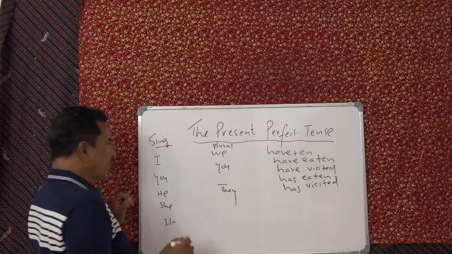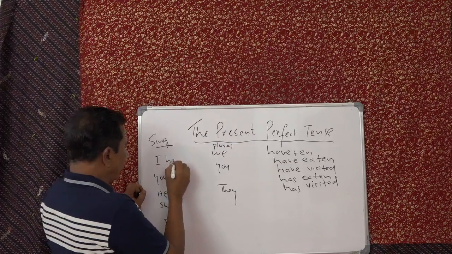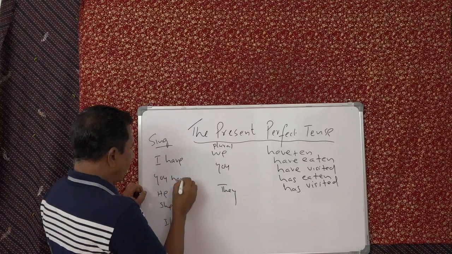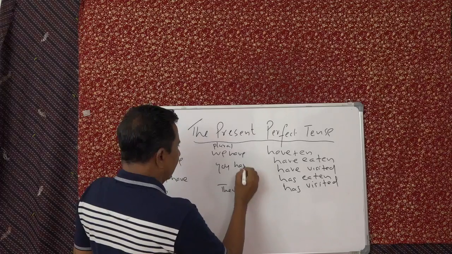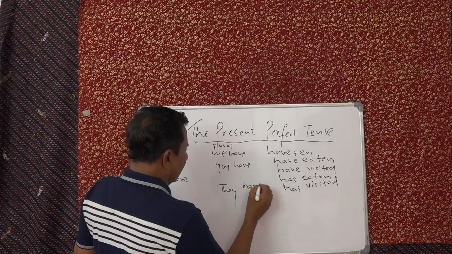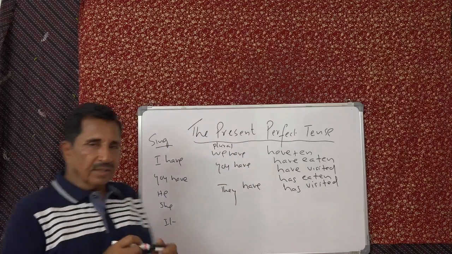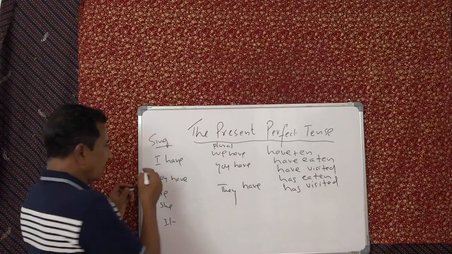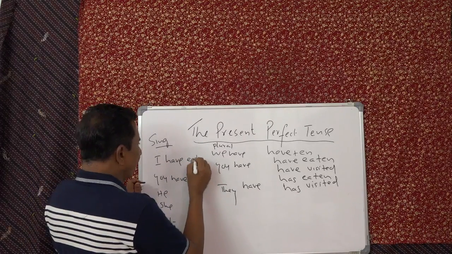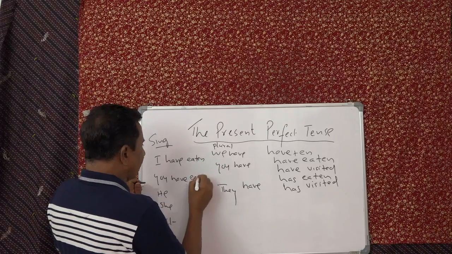So if you say, I have, we have, you have, they have. See that? Plus, what more you need? This is a two-word tense. So you have to say, I have eaten, you have eaten.